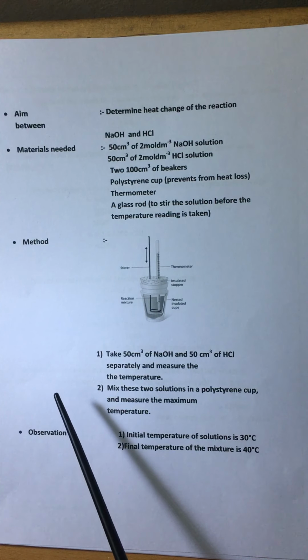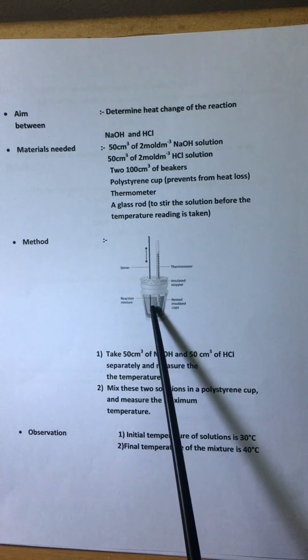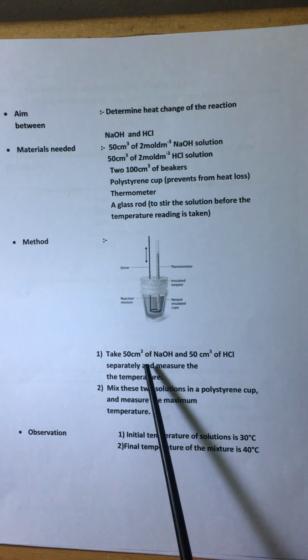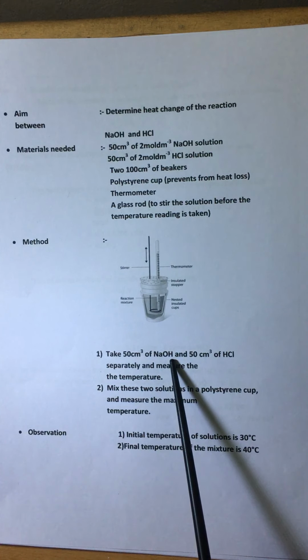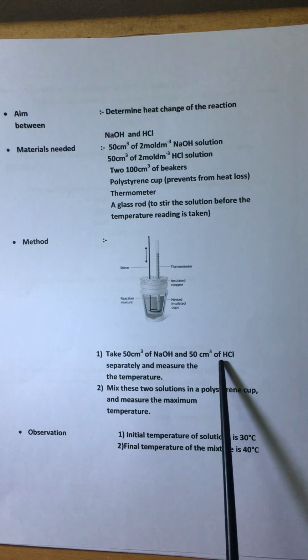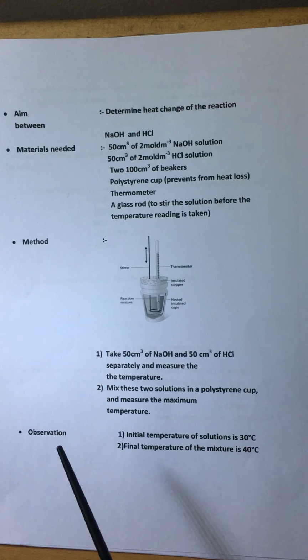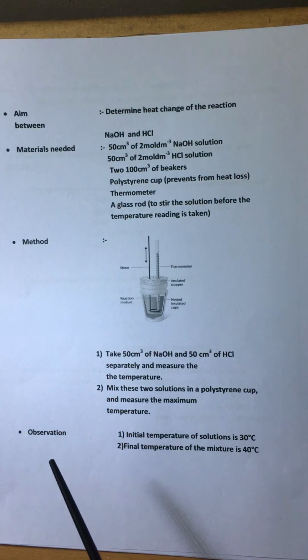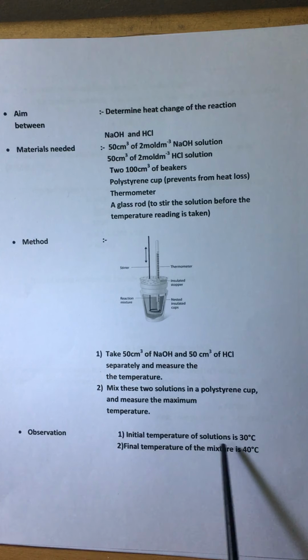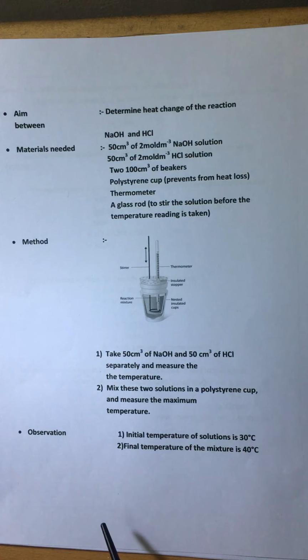First take 50 cubic centimeters of sodium hydroxide and 50 cubic centimeters of HCl, and measure the temperature separately. You have to take them in two beakers and get the temperature. The initial temperature of the solutions is 30 Celsius, because that is room temperature.